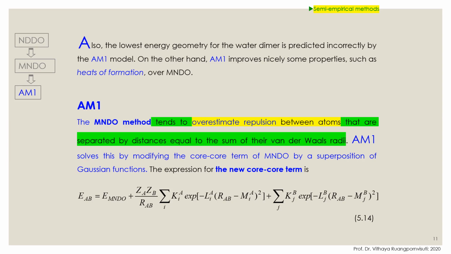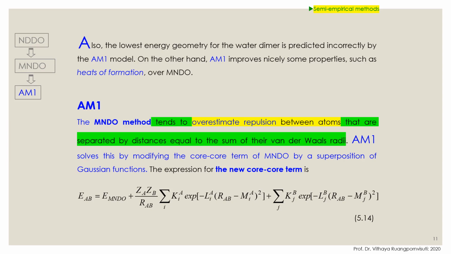The MNDO method tends to overestimate repulsion between atoms that are separated by a distance equal to the sum of their van der Waals radii.